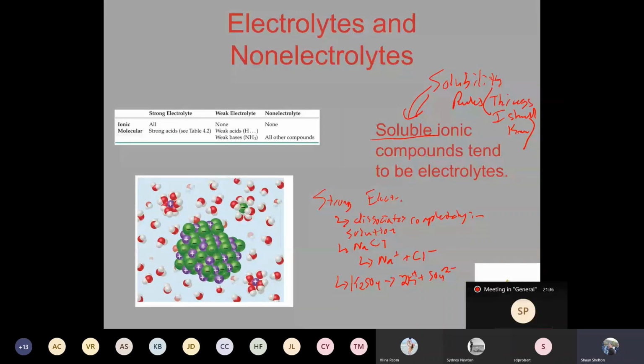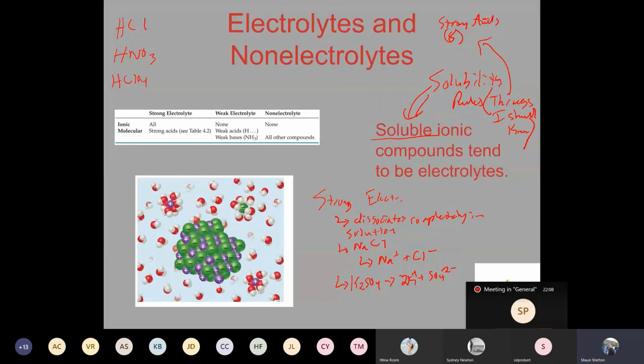Now, if you look on the Things I Should Know handout, you will see strong acids. There's a list of strong acids. There's 8 of them. What you need to do is look at those 8 strong acids and understand them. I'm going to pick out 3 randomly. HCl will be one, HNO3 will be another, and then HClO4.